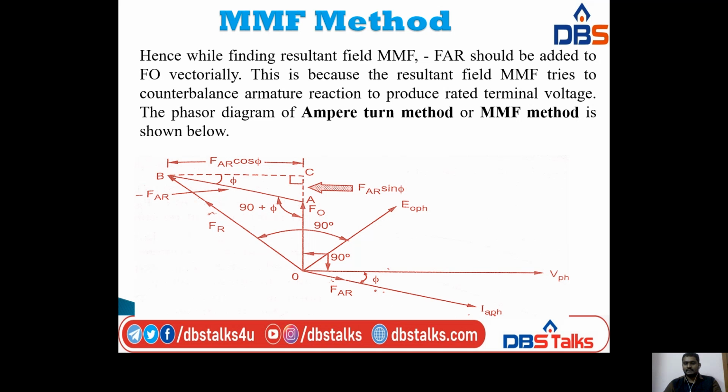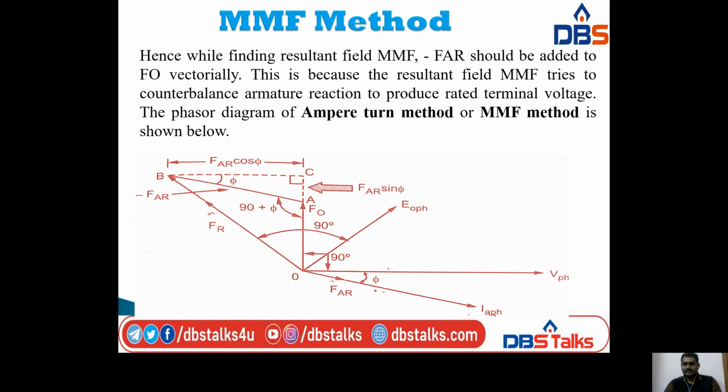Here V phase is at right angles to E naught phase, that is the no load voltage, at 90 degrees, and the phase difference between V phase and IA phase is phi. Next we have the resultant field MMF, that is FR. For FR I am adding minus FAR to F naught vectorially.